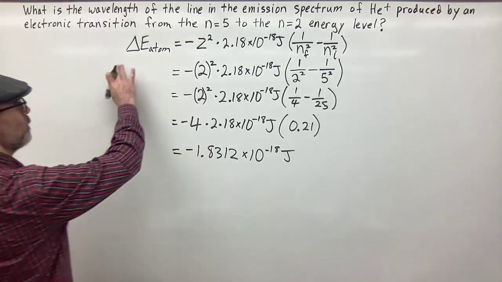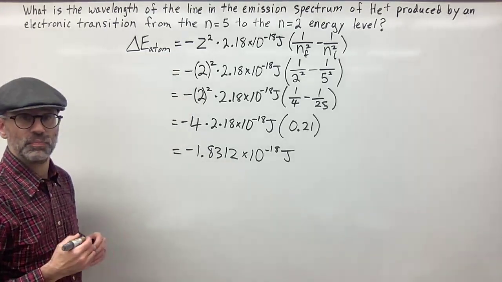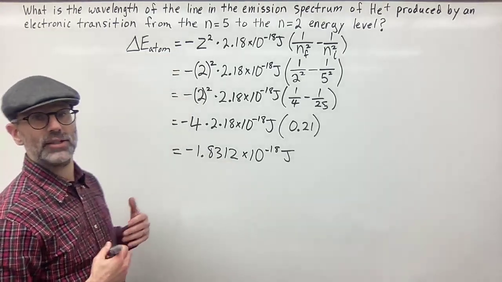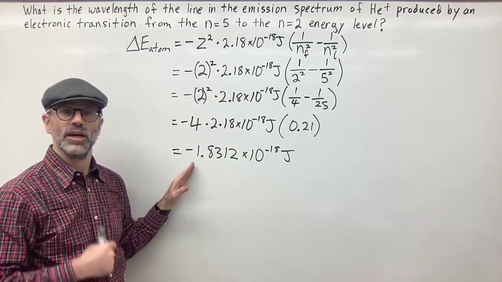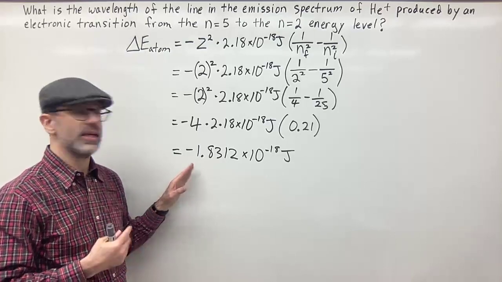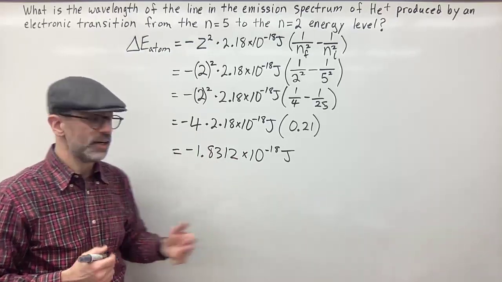What we need to keep in mind is that the energy change in the atom is related to the energy of the photon. Notice that this energy change is negative. The atom lost energy. Well, where is that energy? It's in the photon.